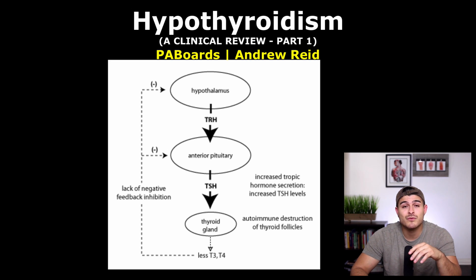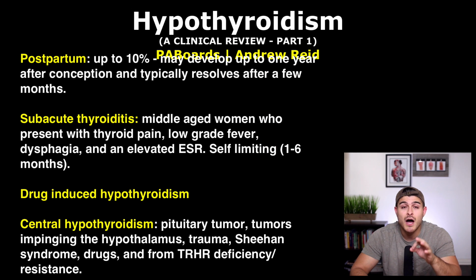Now, up to 10% of women are going to develop what's called postpartum hypothyroidism. And it can happen up to 1 year after conception. And this is typically going to resolve after a few months. Next, we have what's called subacute thyroiditis. Now, this is rare, right? And it's a rare presentation that occurs in middle-aged women who are going to be presenting with thyroid pain.